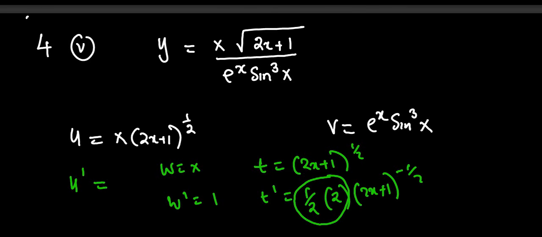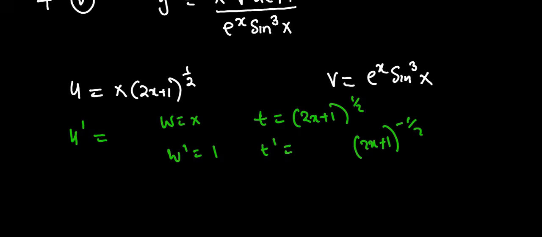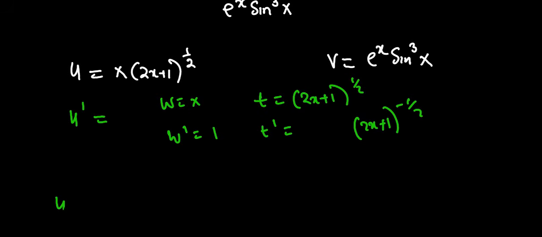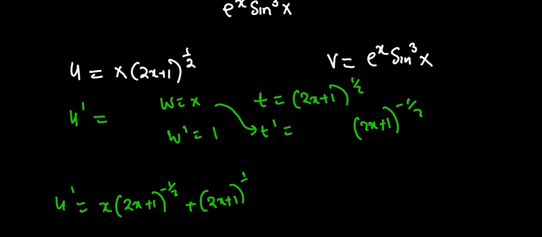Then the overall derivative of u is omega times t prime, plus t times omega prime. That's going to give us the 2x plus 1 to the power half.